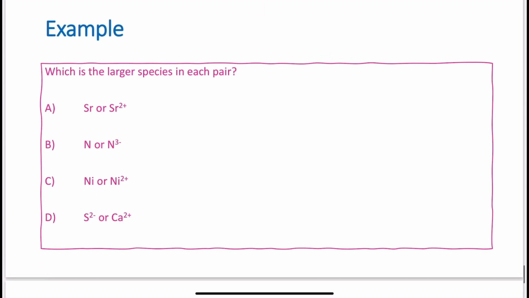And our last example, which is the larger species in each pairing? Strontium or strontium ion? Strontium. Cations, always smaller than their neutral atom.